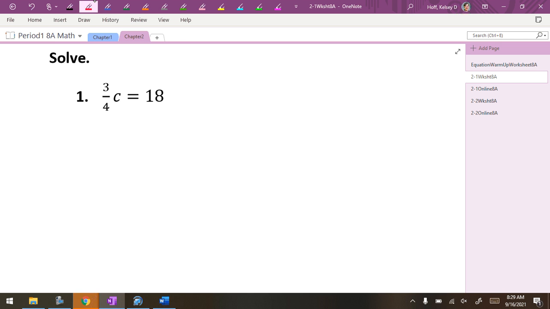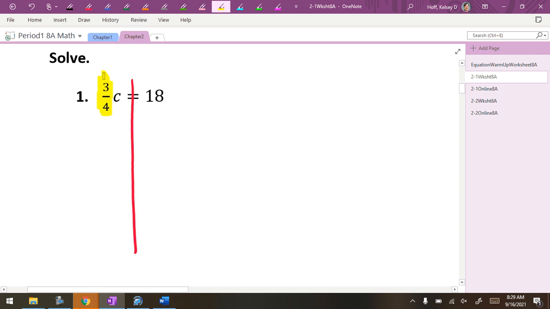Draw your line through your equal sign. Bryce, I'm going to start with you right away, okay? What is my coefficient? And I remind you, the coefficient is the number in front of the variable. 3/4. Very good. He's 100% correct.